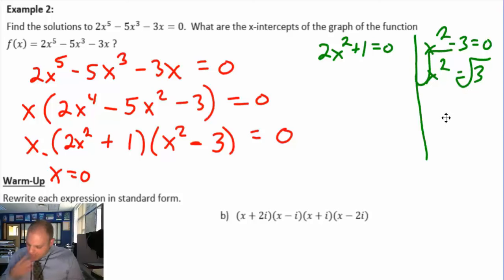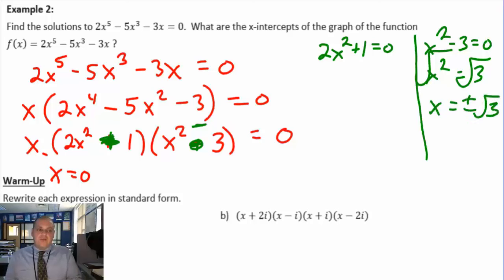Minus 3. Oh, it's plus 3, plus 3 minus 1. But it's not. No, it's minus 3 plus 1. Okay, it's minus 3 plus 1. It is right. I had it right. Okay, sorry. So x equals plus minus radical 3. There we go. Plus minus radical 3.